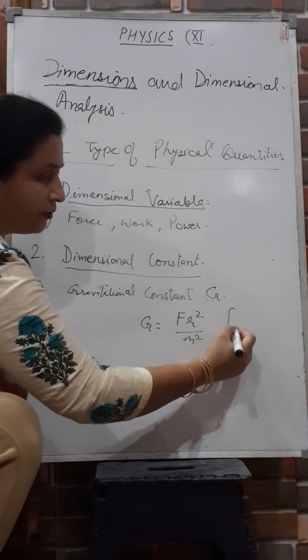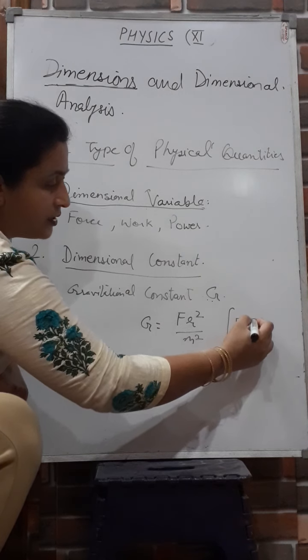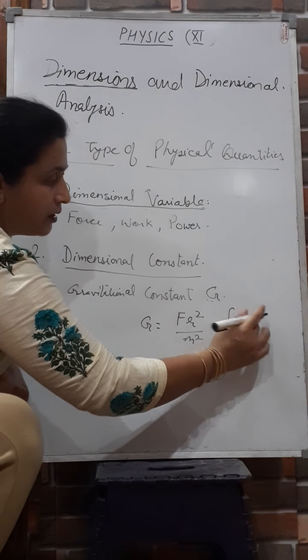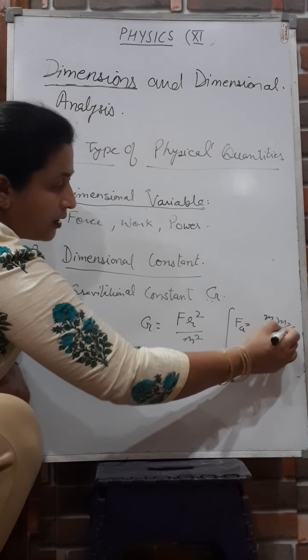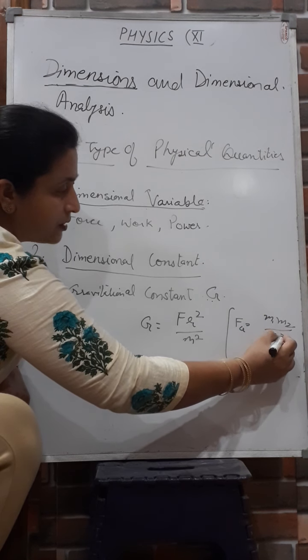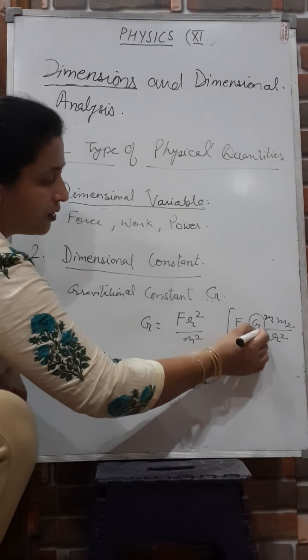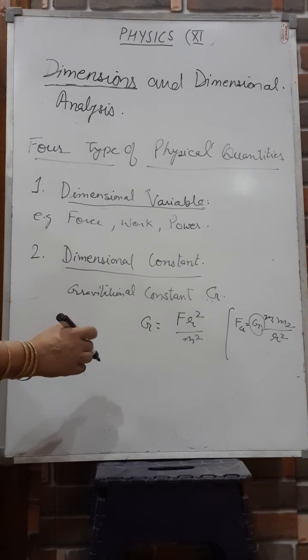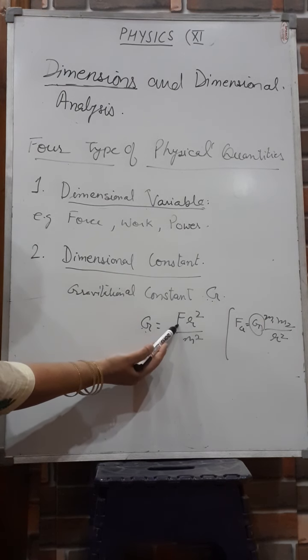Newton's law of gravitation: force between any two bodies is proportional to the product of the two masses and inversely proportional to the square of the distance between them, and is equal to some constant. This constant is called the gravitational constant.